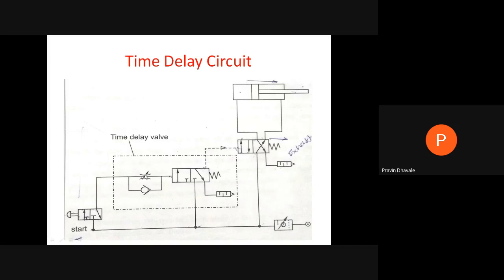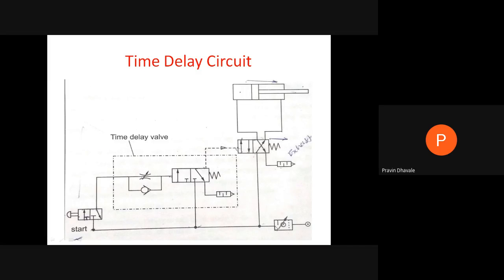At a particular mass flow rate, when we are supplying the air, at that time only this position of this direction control valve is to be actuated. Whatever the control of flow, it will be set by this flow control valve. As this air is passing through this flow control valve, the second position will get actuated.